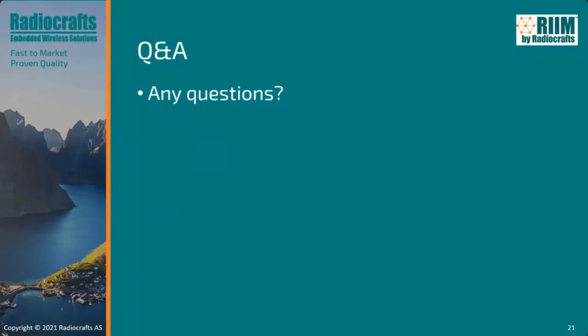Okay, I think that covers a lot of the questions. I see Magnus says a PCB antenna is almost as good as the external. Yes, you can use a PCB antenna.